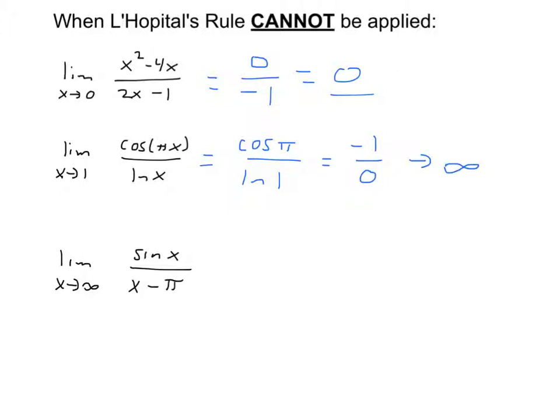Well, you have to remember, sine of x oscillates between 1 and -1. It is just going to always be a value between 1 and -1. It's not going off to infinity.